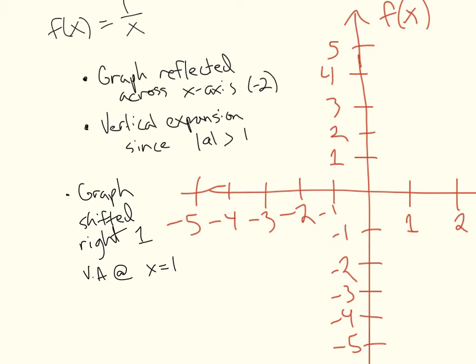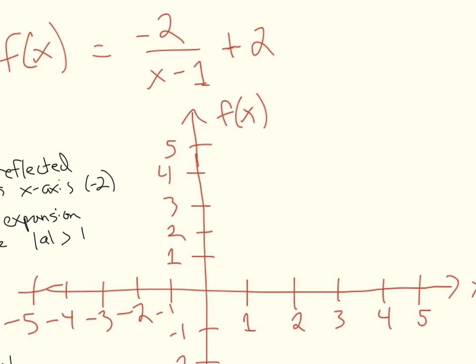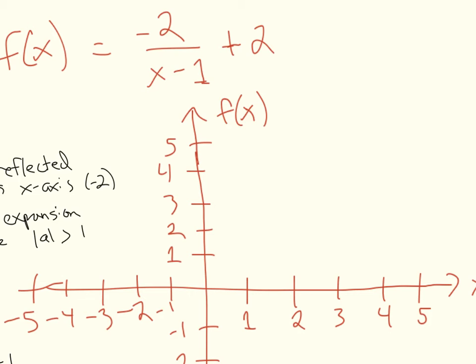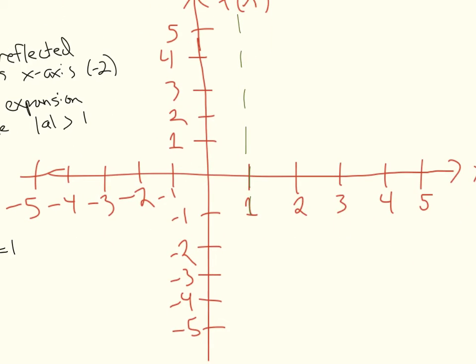We can actually go ahead and draw that in right now to our graph. So this causes a vertical asymptote at x equals 1. So I can draw that all the way down.